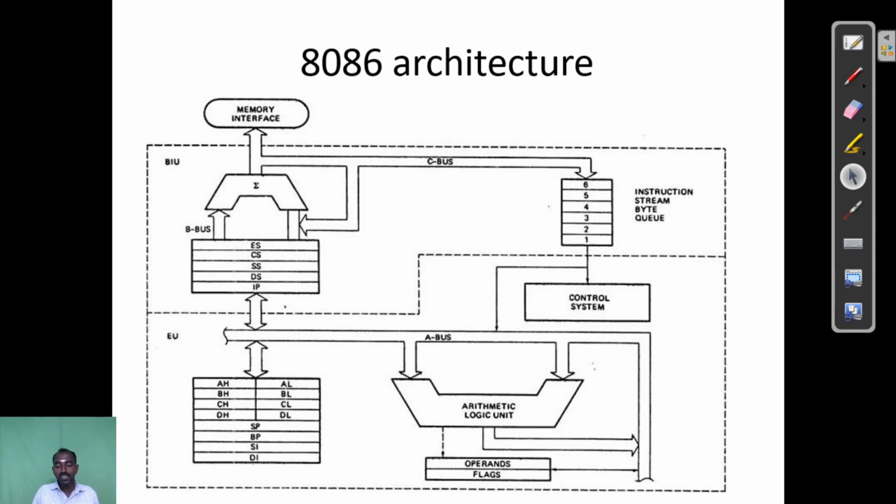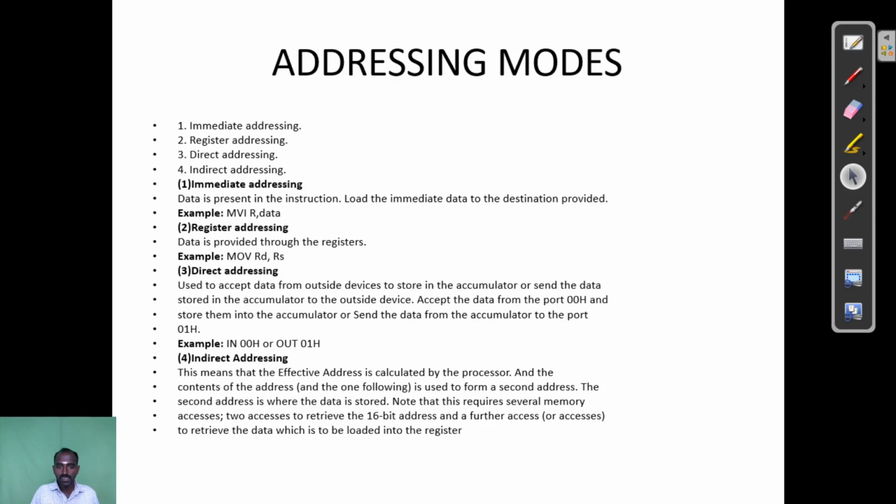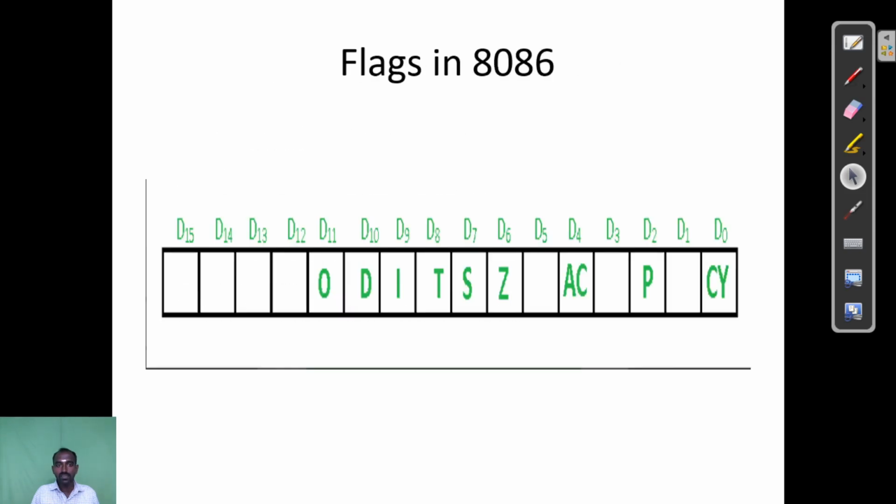Okay, in 8086 there are 9 flags used. What are the 9 flags? See the diagram, it is the flag structure of 8086.